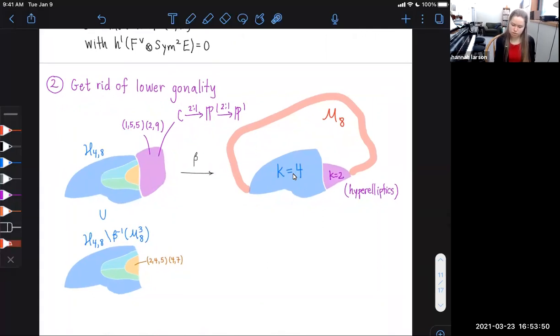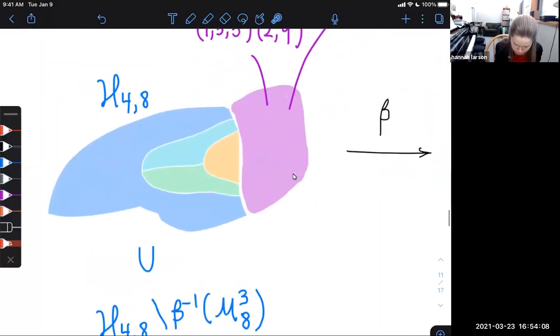But when we do, there's still another stratum left, which is for splitting type 2, 4, 5, 4, 7. So we knew there was going to be a challenge somewhere, and this is it. And I think it's interesting to note that this has a relationship with the bielliptic locus. So the bielliptics can be found as a certain divisor here within this stratum.